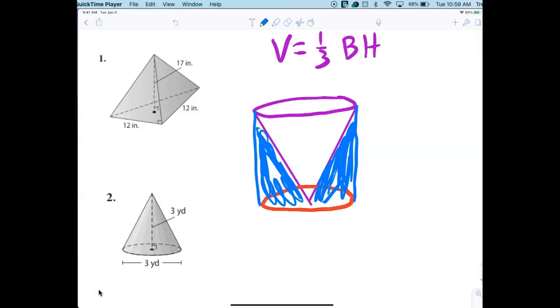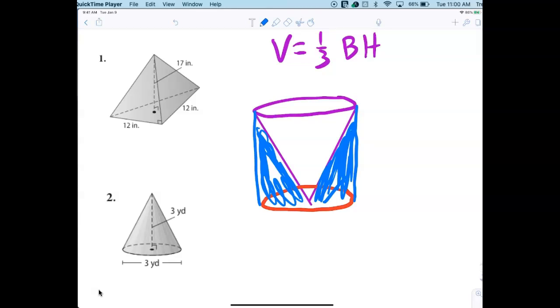Now again, I don't care how you remember it. I'm just telling you how when I was learning these formulas, it was annoying because it seemed like there were so many formulas. Are there really so many formulas? No, there aren't. All the formulas are the same except for the base.